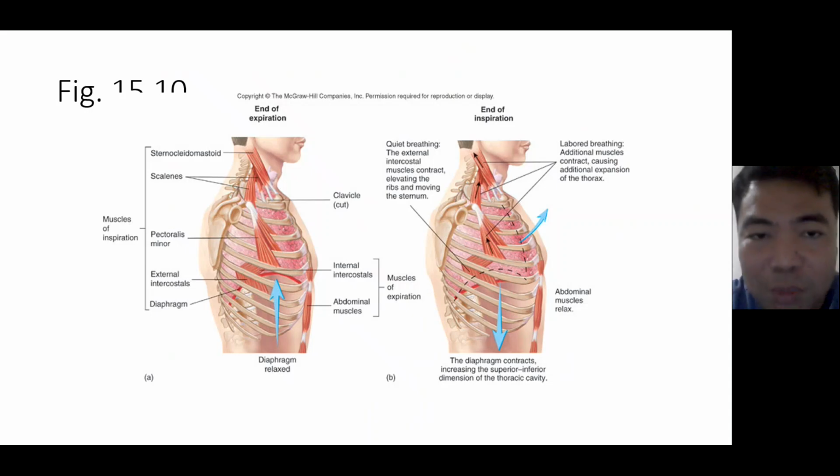Pero pag binilisan mo yung pagbuga ng hangin during expiration, you will feel that your abdominal muscles contract. Again, that is needed only during forceful expiration. So that is the mechanics of our ventilation. You need those muscles, and the mobility of our thoracic cage in order to breathe normally.